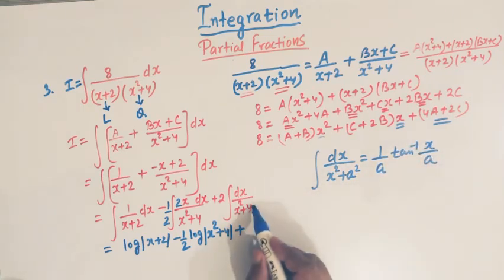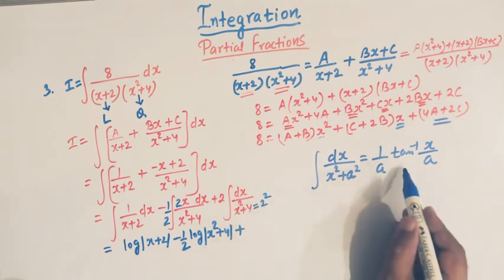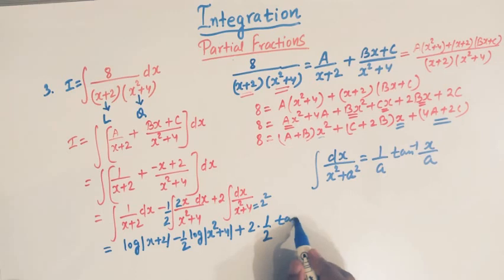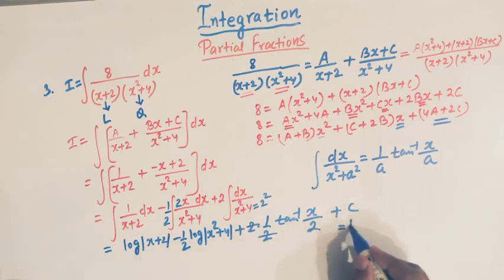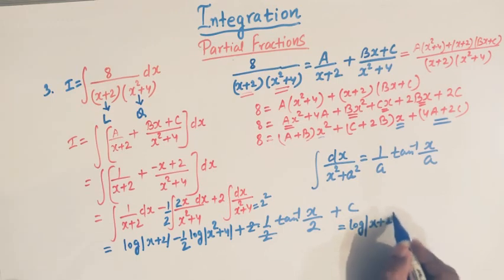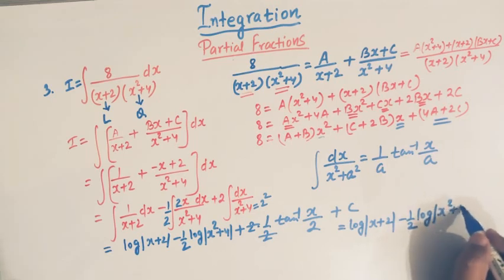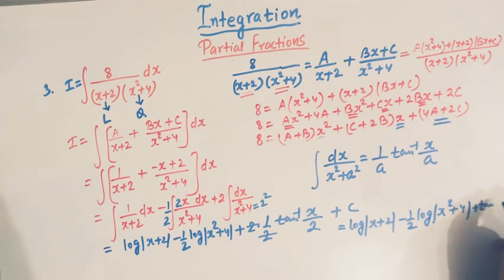So here for 4 we have 2 square, so this is x square plus 2 square, and we can apply this formula, so we have 1 over 2 tan inverse x over 2 plus C. This 2 and this 2 get cancelled, so our final solution is log of (x plus 2) minus half log of (x square plus 4), plus tan inverse of x over 2, plus C. C is the constant of integration.